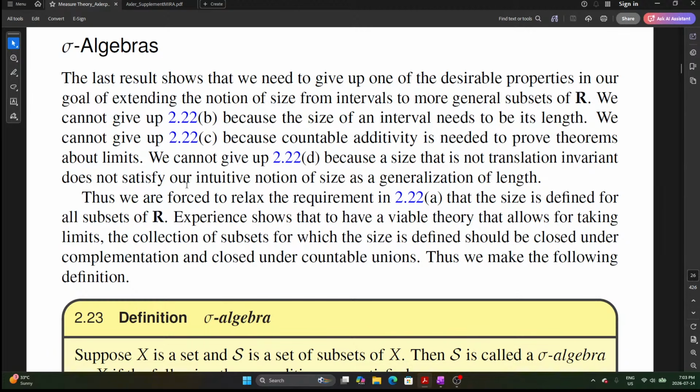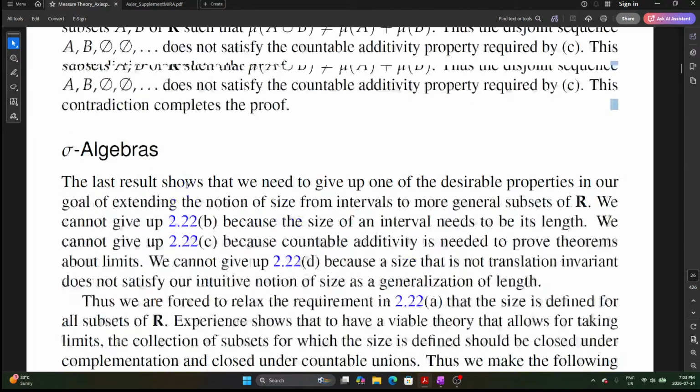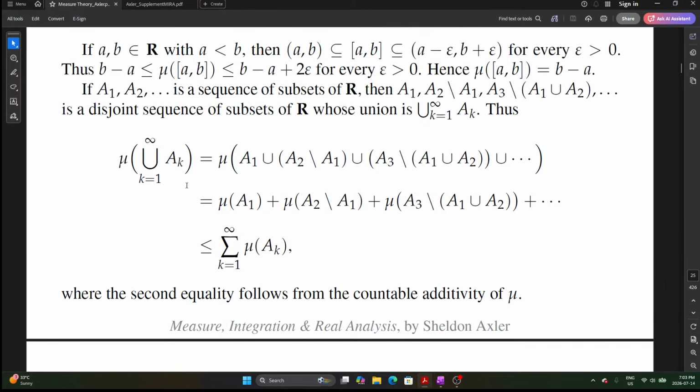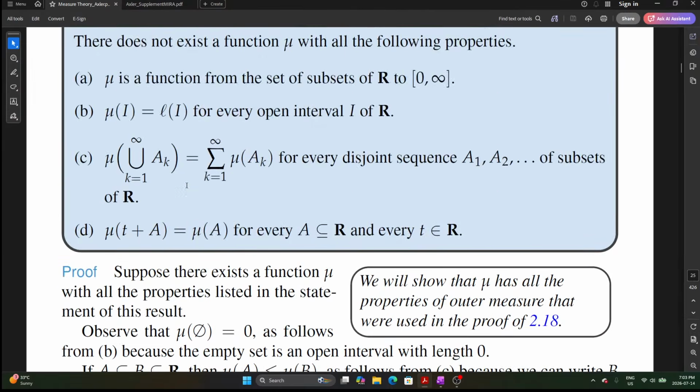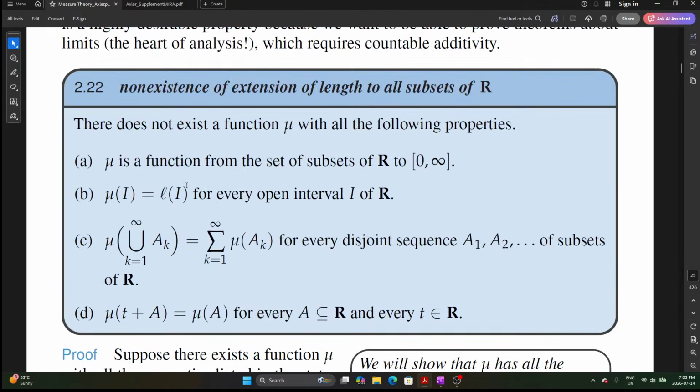because of a disappointing result. And here's that disappointing result. We were talking about outer measure in our previous stream, and outer measure has some good properties and some not so great properties.